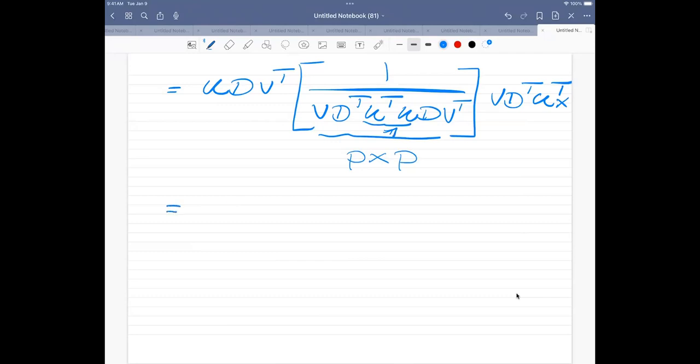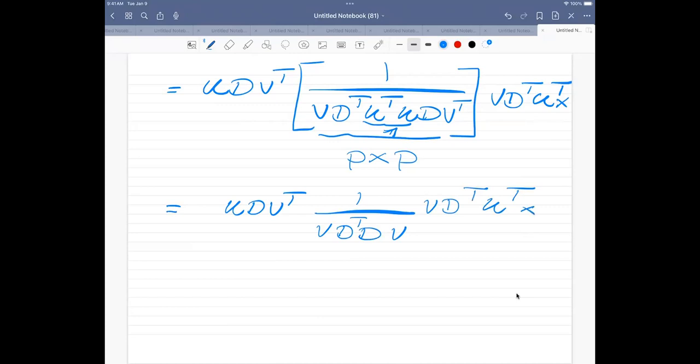So what I get is U D transpose V transpose, divided by V, and then I have this D transpose D, which we know is just a P times P matrix, times V D transpose U transpose multiplied with X. That's our output. Now, if you look at this, there is a linear algebra gem here, which I'm going to state again.